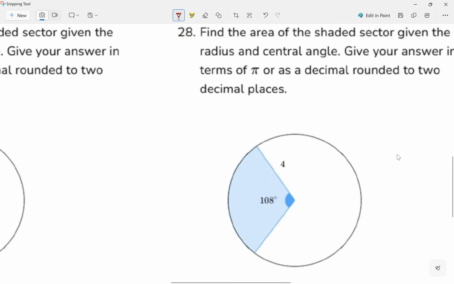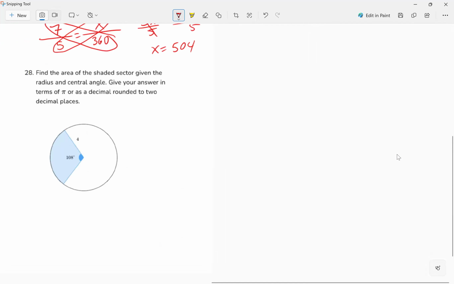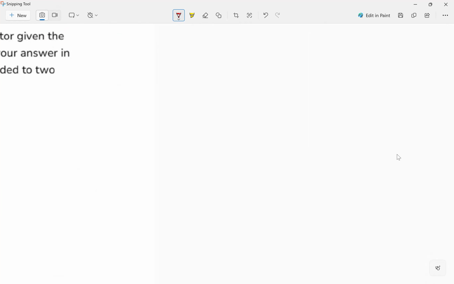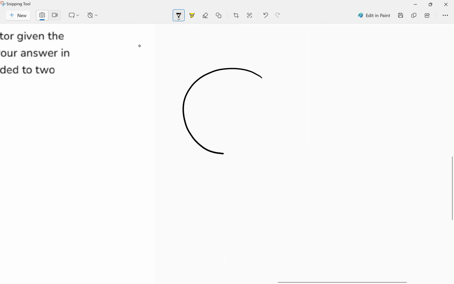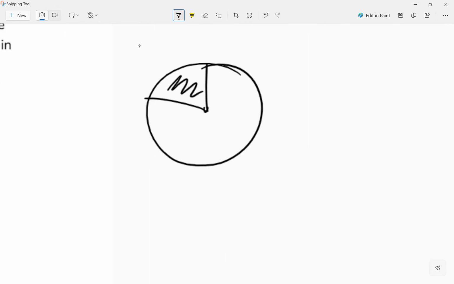Okay, so let me see. Here at the side, let's talk about this real quick. Having a circle, I want to know the area of part of a circle. Well, this was kind of like what we did yesterday with arc length. We're going to be using a ratio, two fractions.